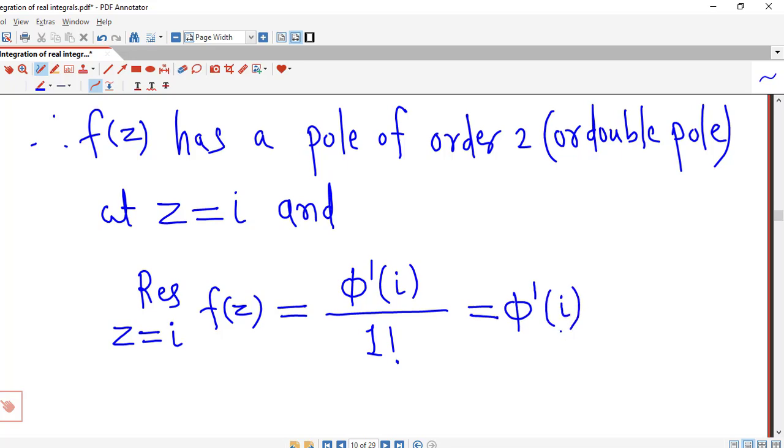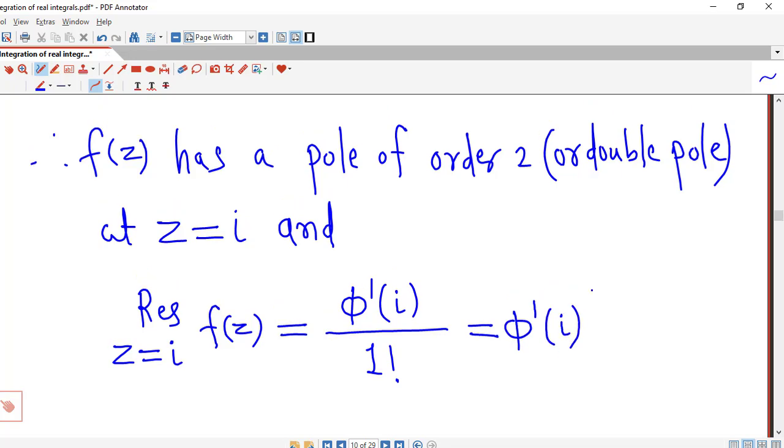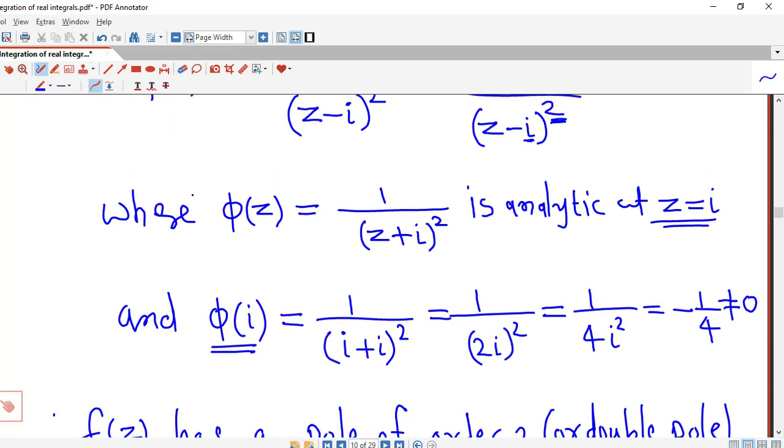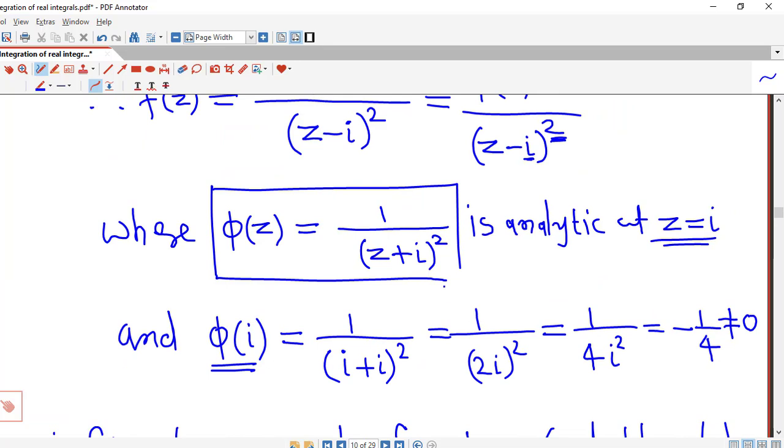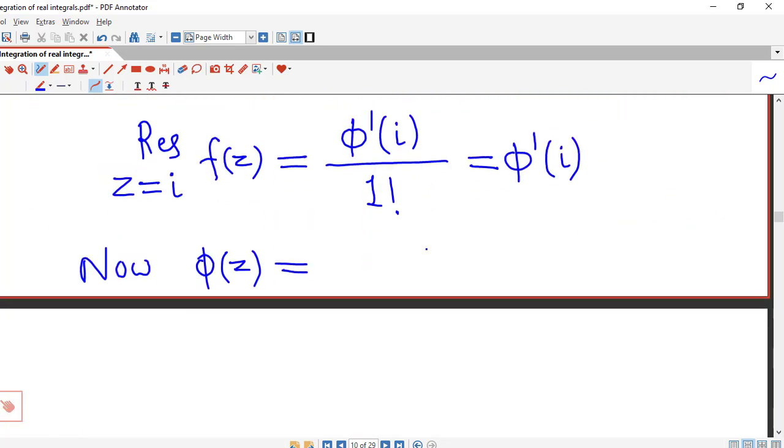z equal to i. Now we find the first derivative of this function phi of z, and then we calculate its value at z equal to i. So now phi of z is 1 over (z plus i) whole square, which I can rewrite as (z plus i) to the power minus 2.